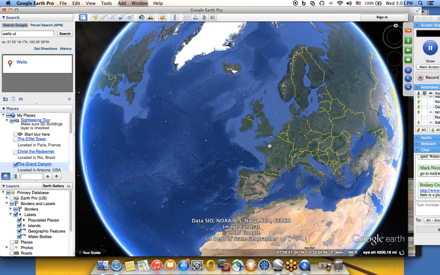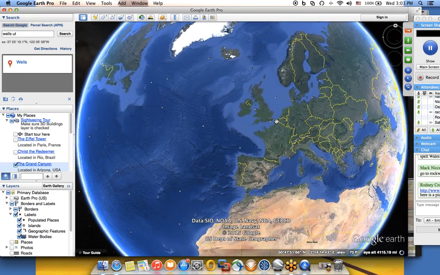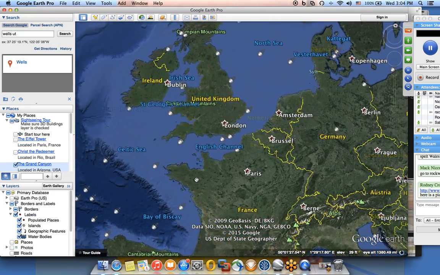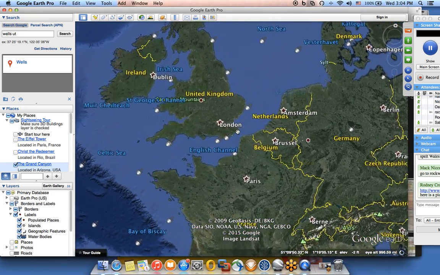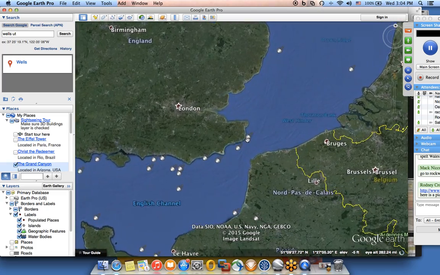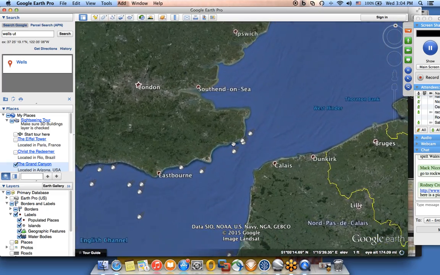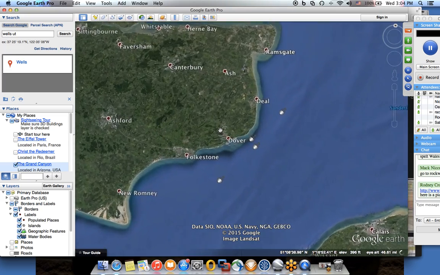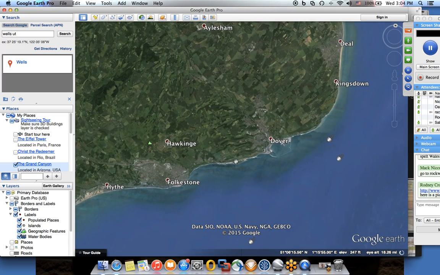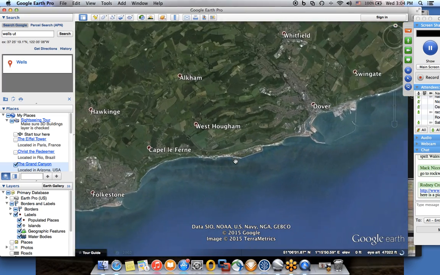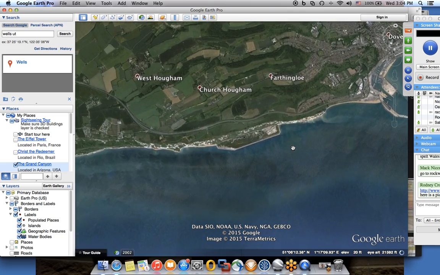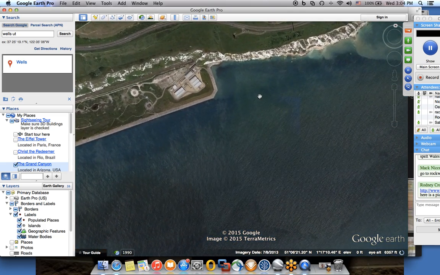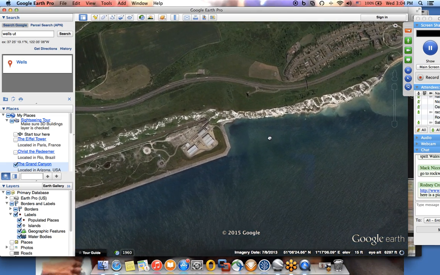Let's see another area that I wanted to show to you, the famous part in England, the Cliffs of Dover. Okay, so these are famous because they are limestone cliffs. So let's go in. And it goes right from the English Channel.